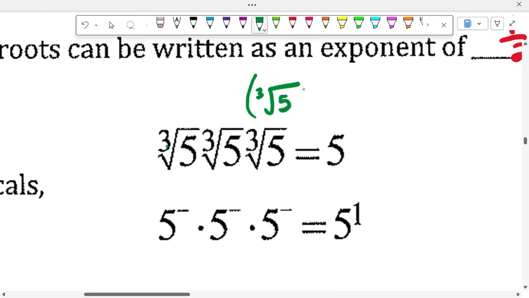So that means we're doing what to that cube root of 5? If we multiply it to itself 3 times, the same thing as doing what to it? Cubing it. So just like how a square root and a square undo each other, what do you think a cube root and a cube do to each other? They undo it. So they cancel each other out. And that's how we get 5.